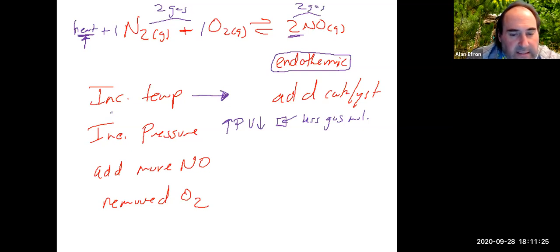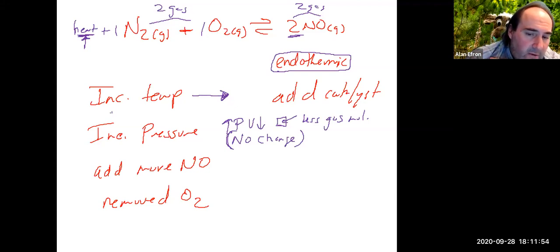That is what we call a tie, and that means no change is going to occur because there is no side that has more or less. So we have equal amounts on both sides, so it doesn't need to go either way, and no change will occur. Again, that's another common way that you could get no change: a tie on both sides in terms of gas molecules, so there is no more or less.